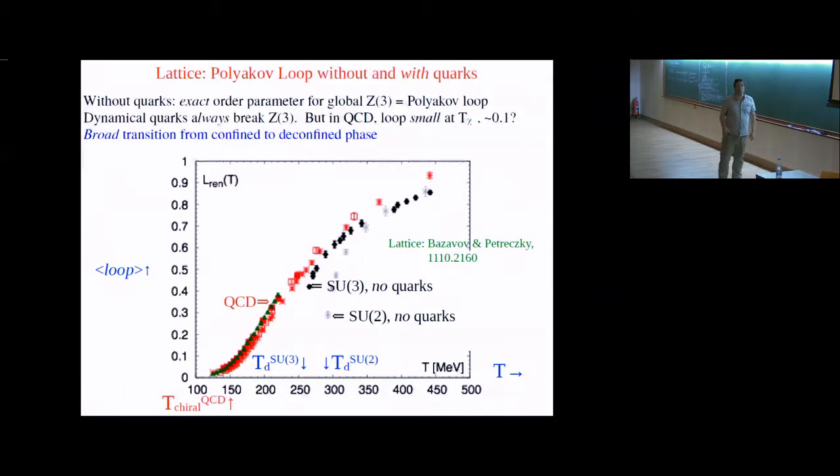With dynamical quarks, this tends to bias one of the Z3 vacua, so it turns on smoothly at all temperatures. But the point that I want you to remember from this is that if you look at this, this is the transition temperature. The loop is, first of all, extremely small, and there's also a very broad transition region in temperature.